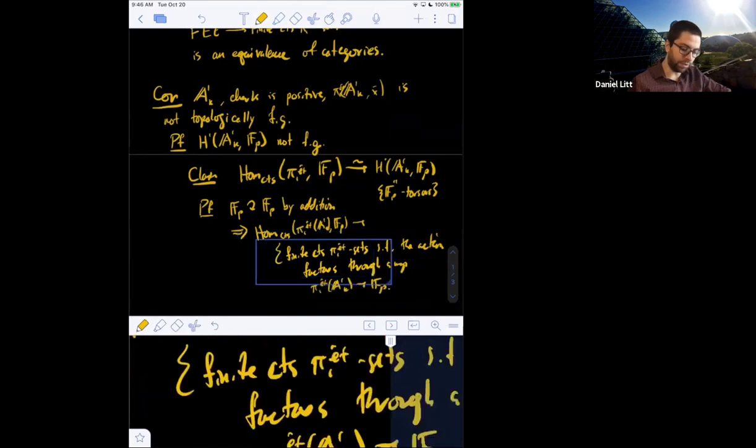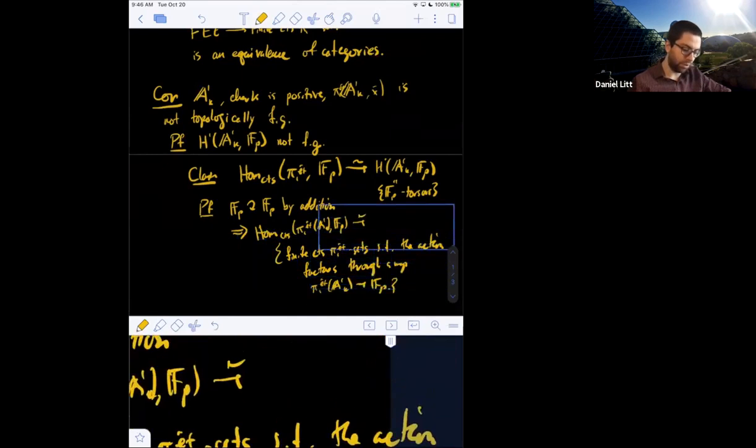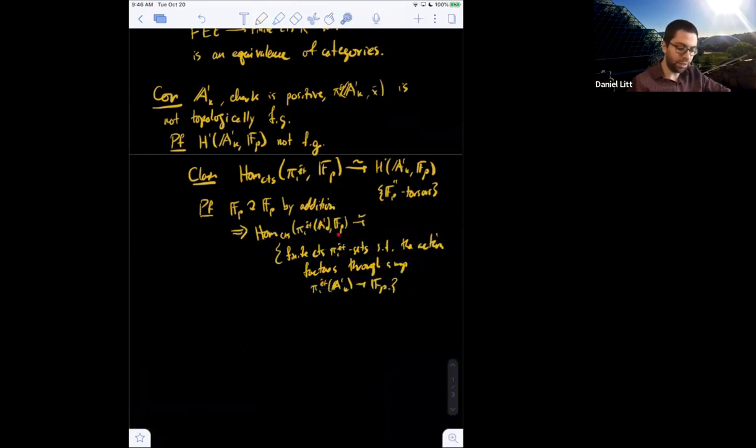Well, this is almost tautological. All I'm saying is that a map to FP coupled with this choice of action of FP on itself gives you an action of pi1 étale on FP. Do you guys agree with this?